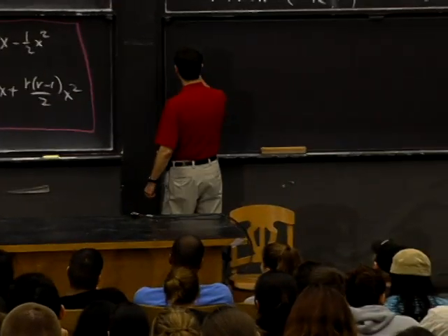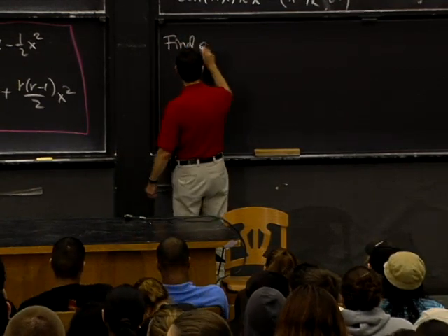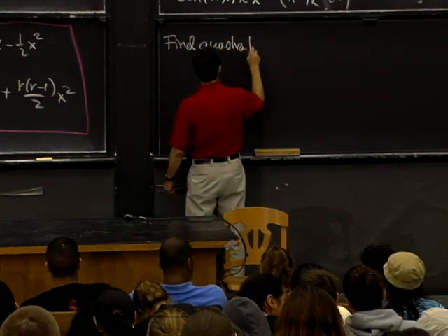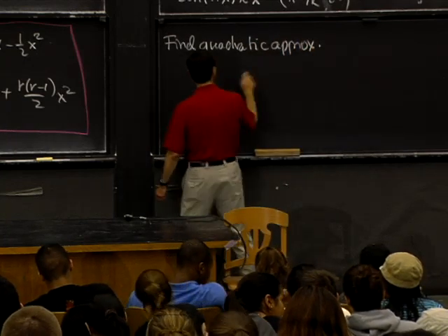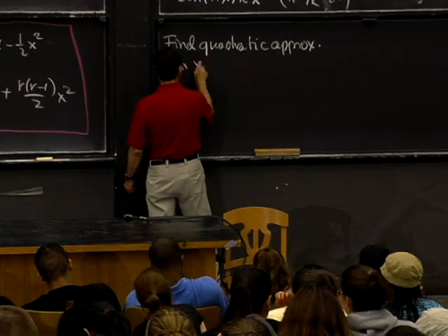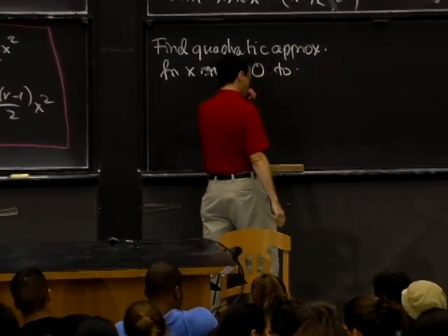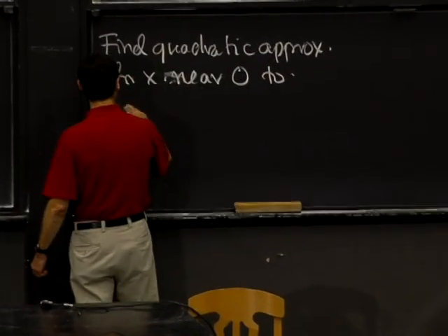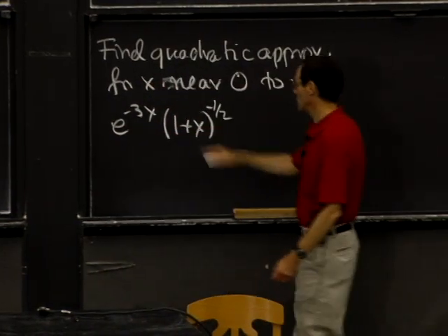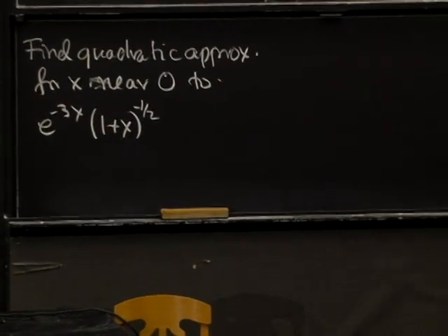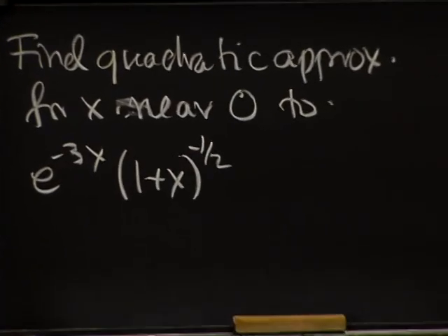Okay, so the example that I want to use, you're going to be stuck with it because I'm asking for the quadratic. So we're going to find the quadratic approximation for x near 0 to the same function that we used in the last lecture, I think: e to the minus 3x times (1 plus x) to the minus a half.